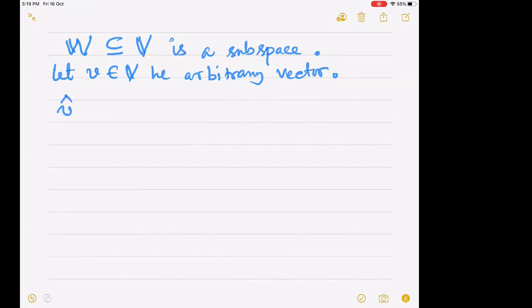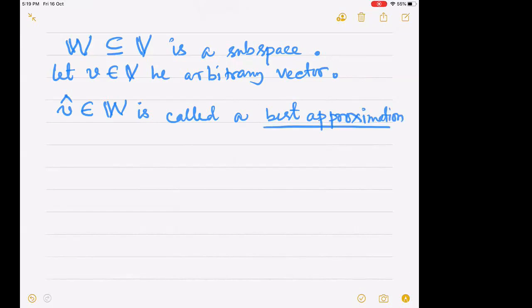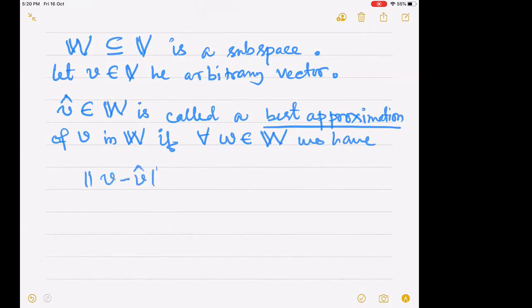v hat in W is called a best approximation of v in W if for all w in the subspace W we have, notice carefully, the norm of v minus v hat is less than or equal to the norm of v minus w.